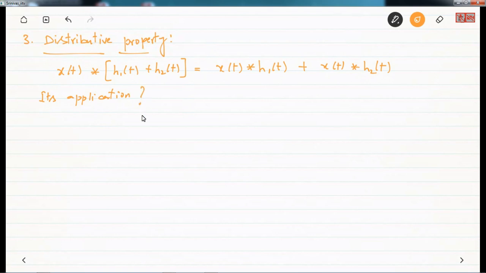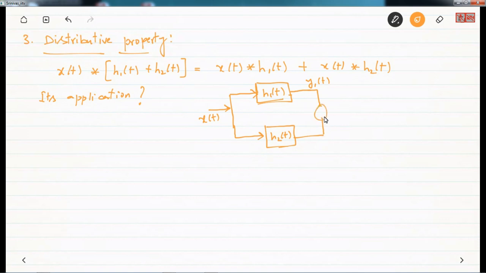What is its application? So let's consider this system. You have an input x of t that you are giving to a system h1 of t, and you are getting an output y1 of t, and you are giving the same input to another LTI system h2 of t, and here you are getting an output y2 of t.